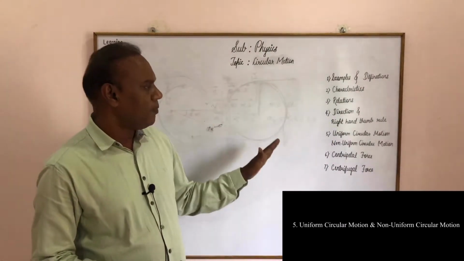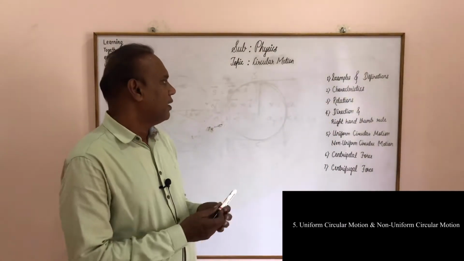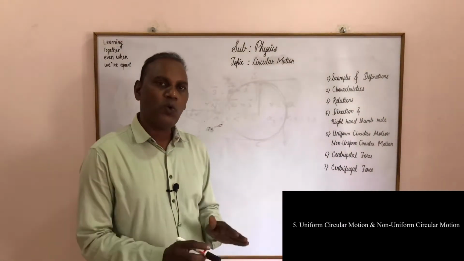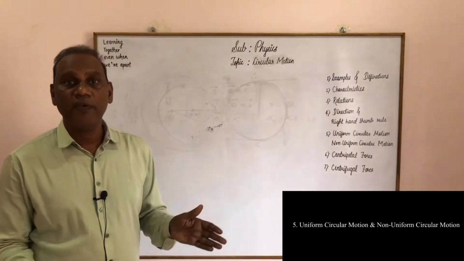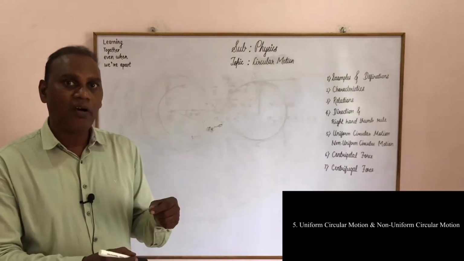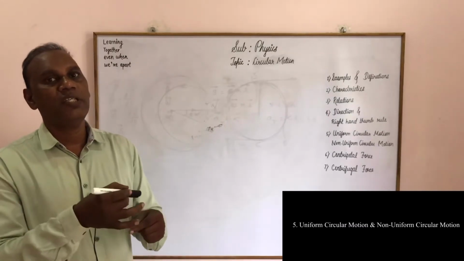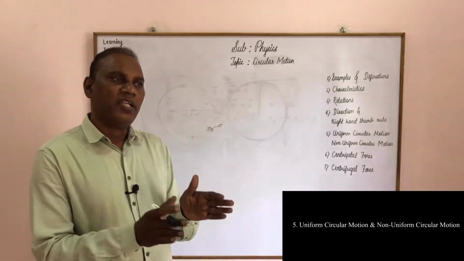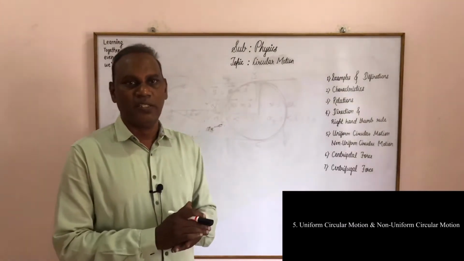In a uniform circular motion, the direction of tangential velocity goes on changing at every instant. Therefore, centripetal or radial acceleration is produced due to the change in direction of tangential velocity.